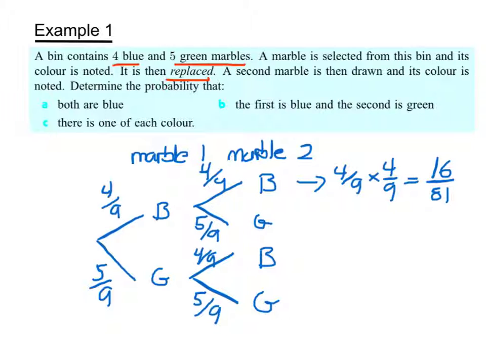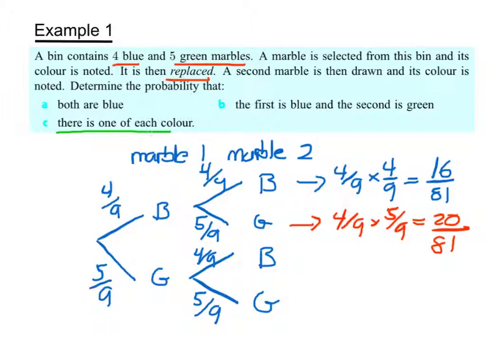That's my probability. For part B, we want to follow the branch where the first marble is blue and the second is green. Likewise, I want to multiply the probabilities along those branches, so I'm going to have 4/9 times 5/9, and that should get me 20 over 81.